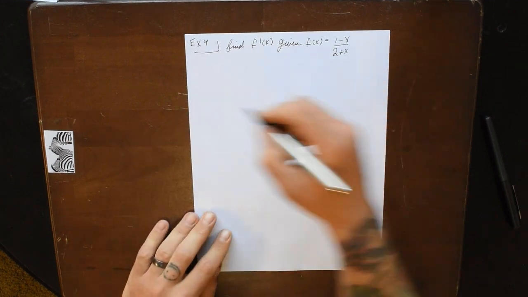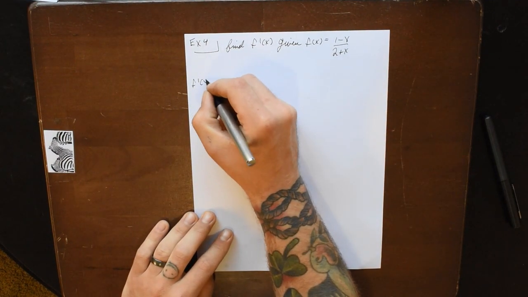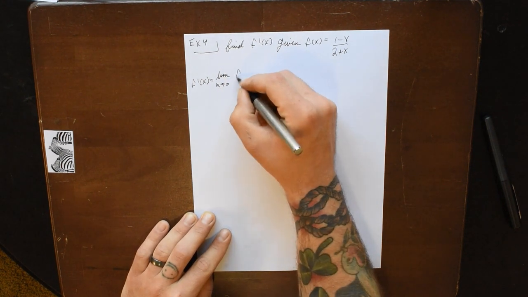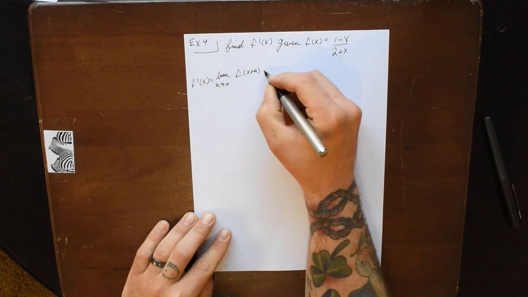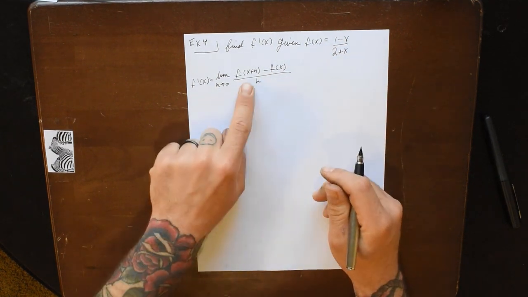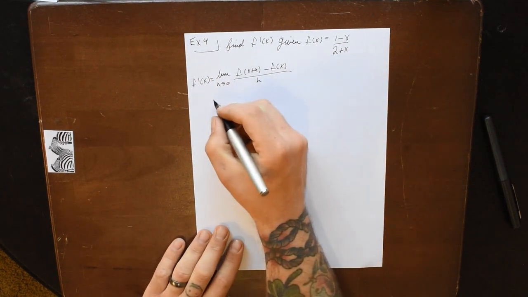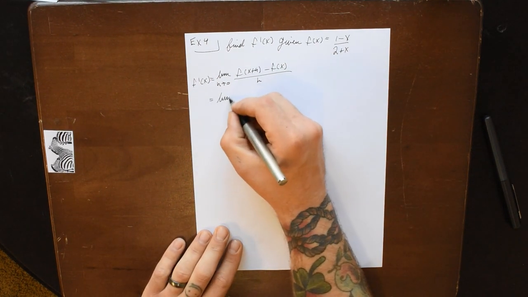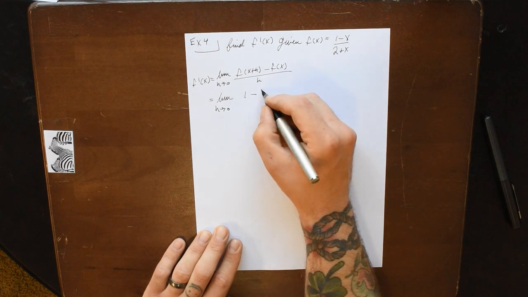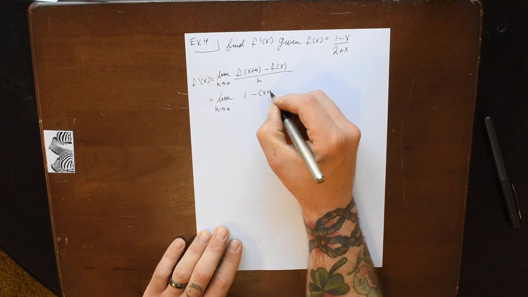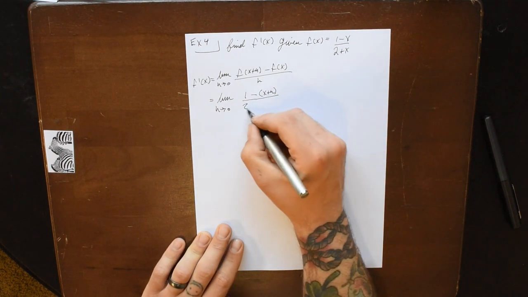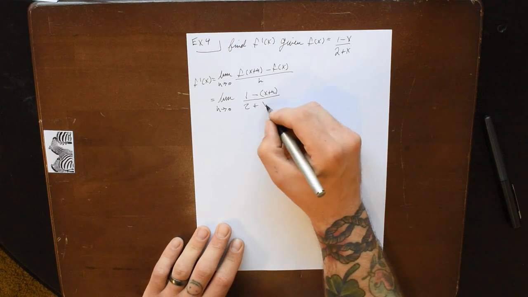So f prime, limit definition, f prime of x is equal to the limit as h goes off to 0 of f of x plus h minus f of x all over h. Applying what the problem gave us equals limit h goes to 0 of 1 minus x plus h divided by 2 plus x plus h.